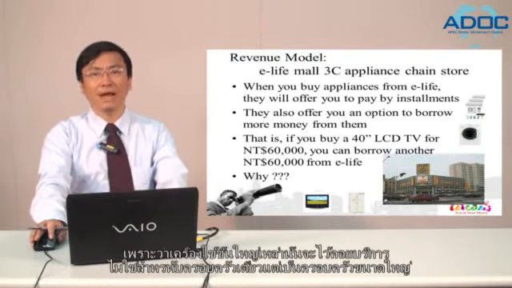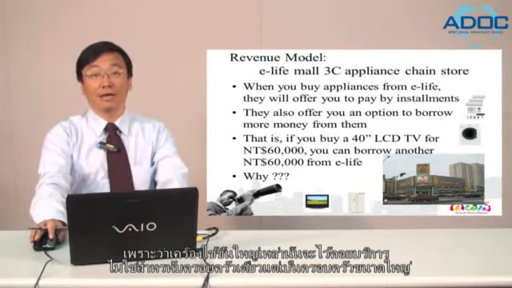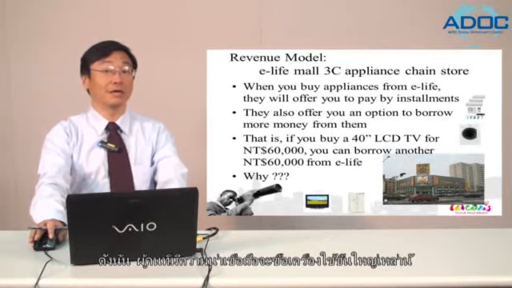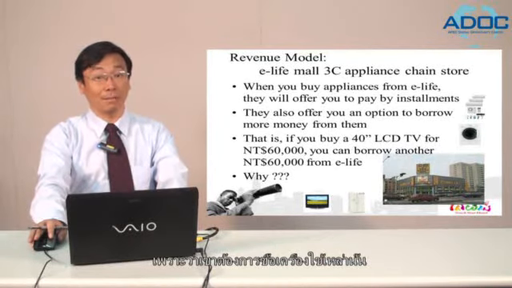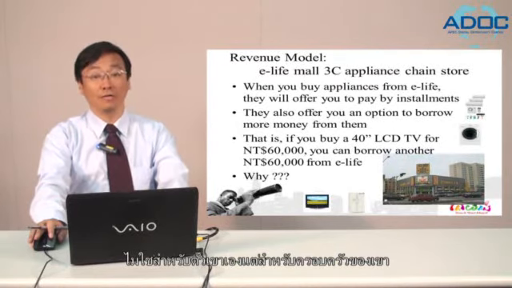Those big appliances provide services not only to a single person, but to a large family. So reliable people will buy those big appliances because they buy them not only for themselves, but also for their families.